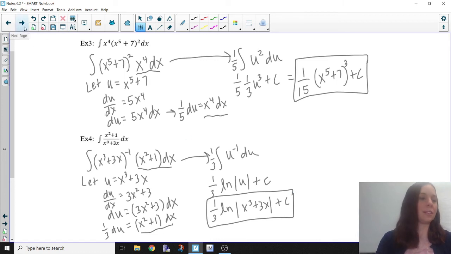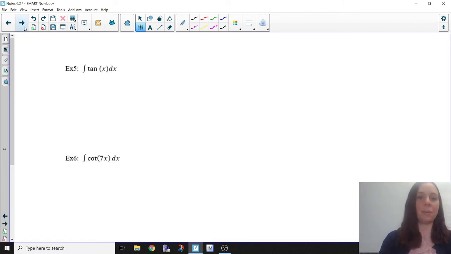All right, take a look at the next example. These two do not look at all like they should be integration by substitution, right? You just see the integral of tangent x here, okay?